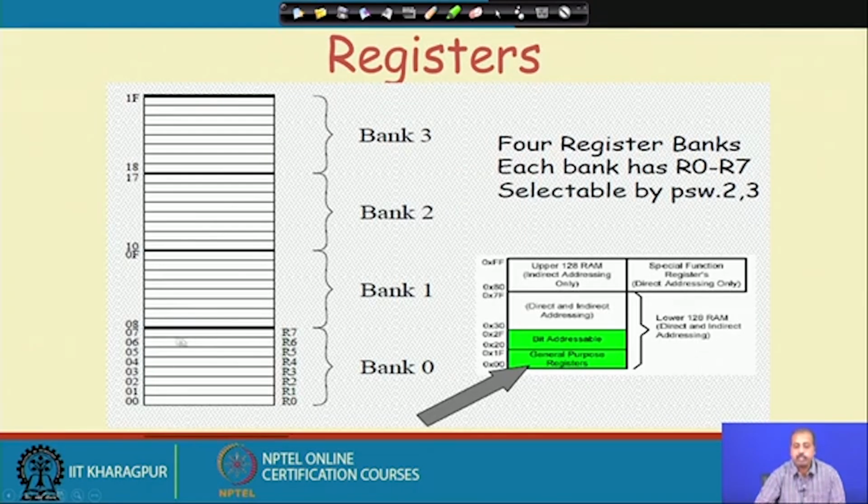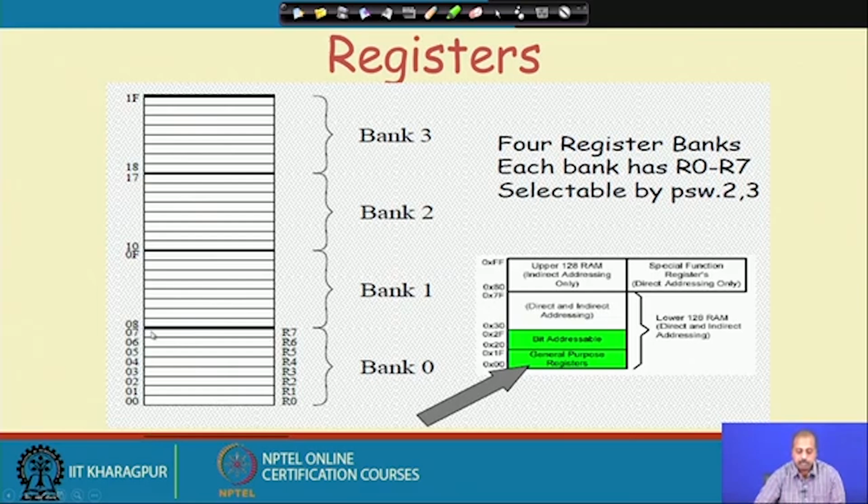So, this is the first part, the CPU registers that we talked about. There are actually 32 registers, and these 32 registers are divided into 4 banks: bank 0, bank 1, bank 2 and bank 3. At any point of time, only one bank of registers is active.